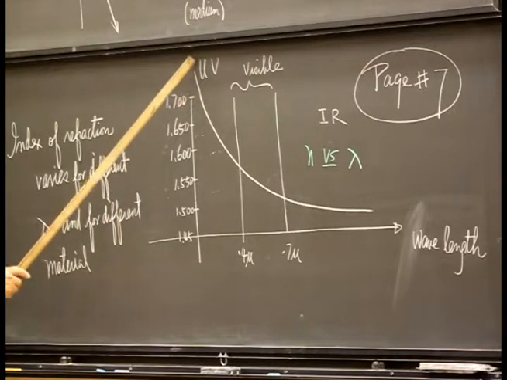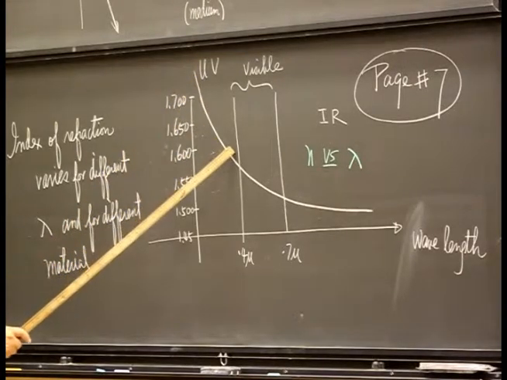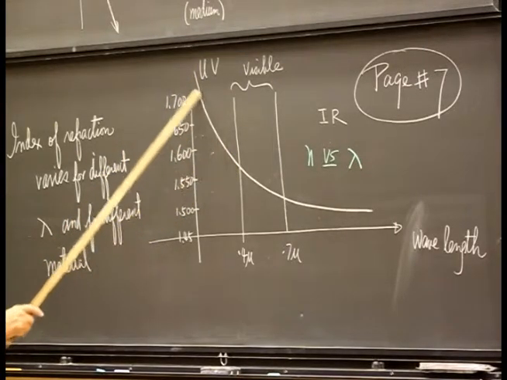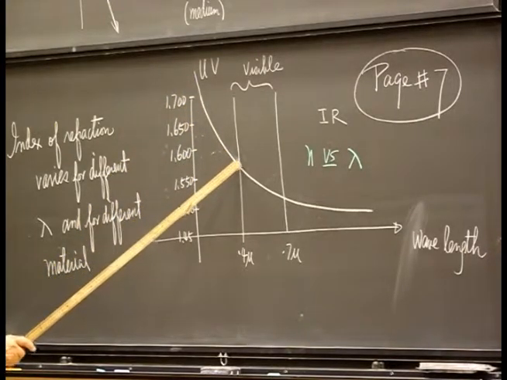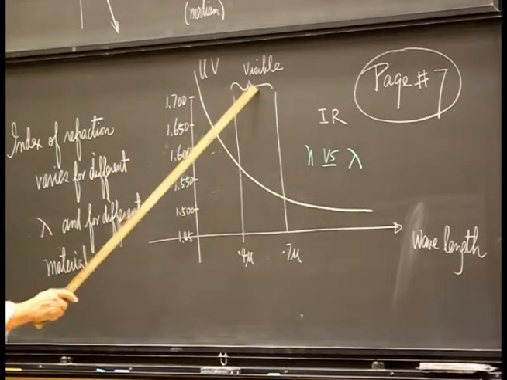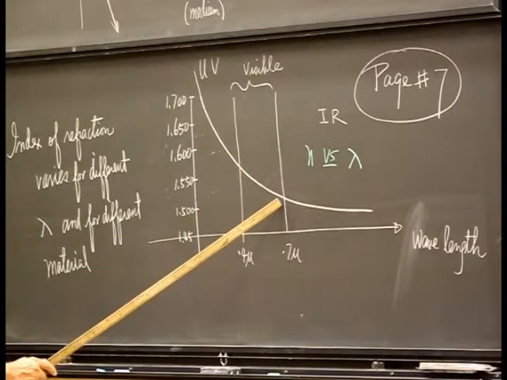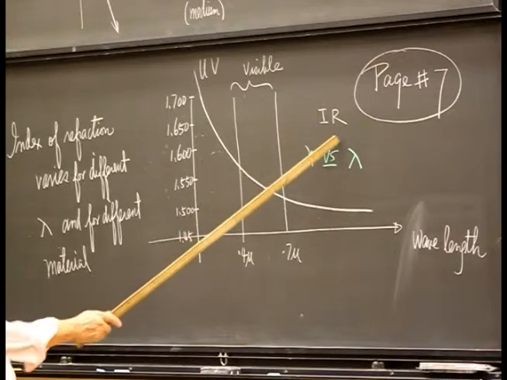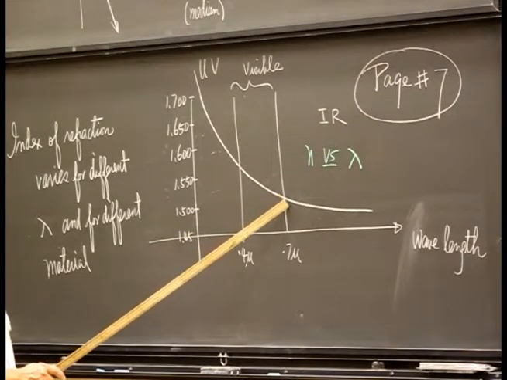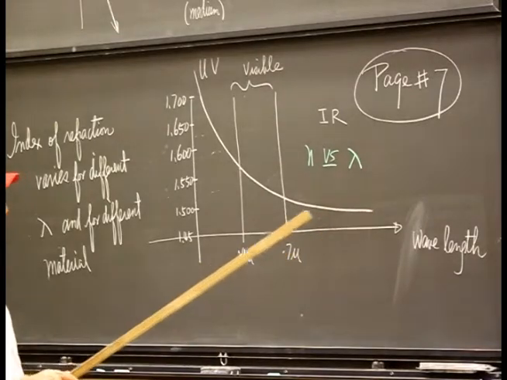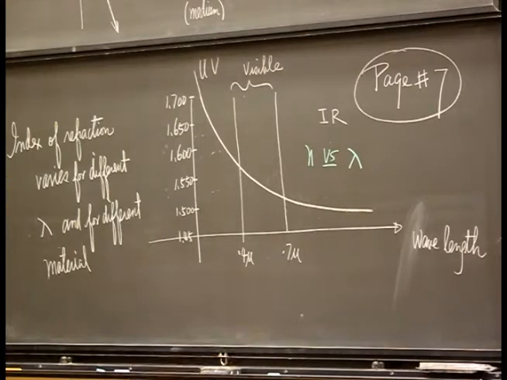Namely, it has a higher index of refraction in the ultraviolet light, and the rate of change of the index of refraction is a lot faster there. Then in the visible, the index of refraction changes more slowly, and in the infrared it changes even more slowly. Basically, the rate of change gradually flattens.